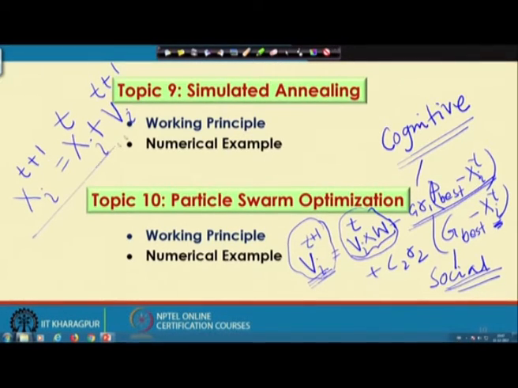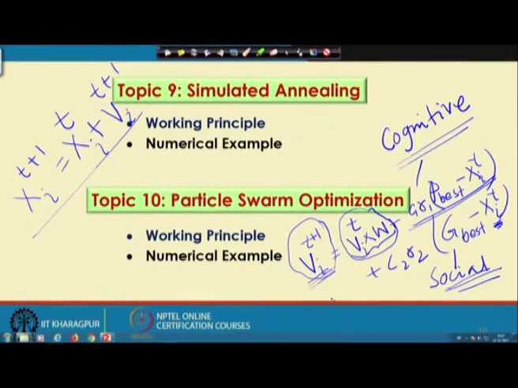So, this is the way we can update the position. The initial position and velocity are generated at random for the whole swarm, for all the particles, and these particles are going to update their velocity and position through a large number of iterations. So, this algorithm is going to hit the globally optimal solution.